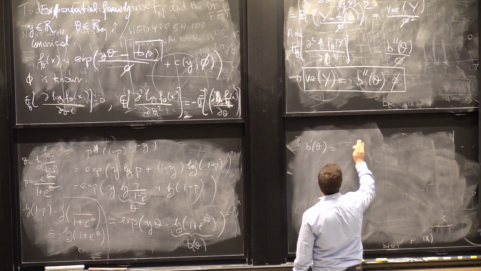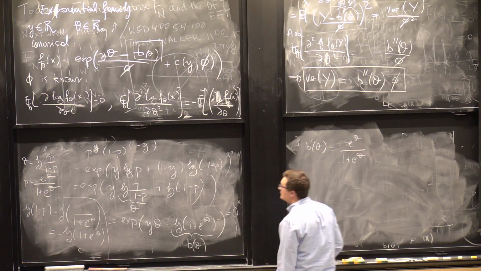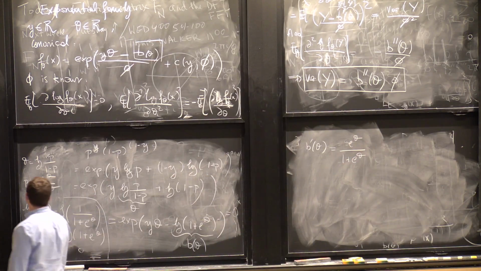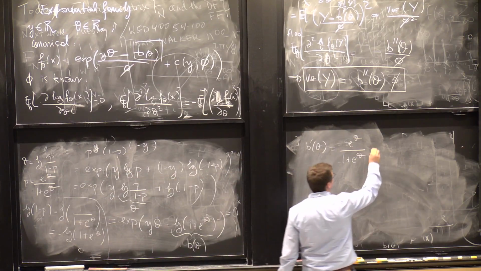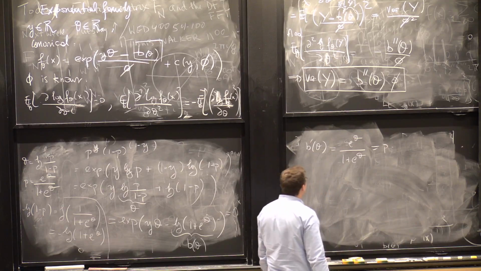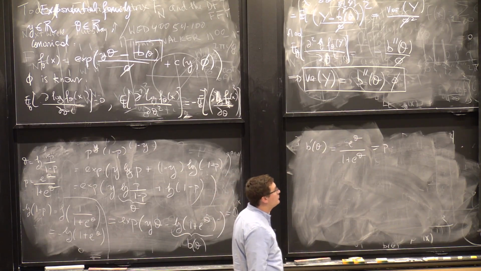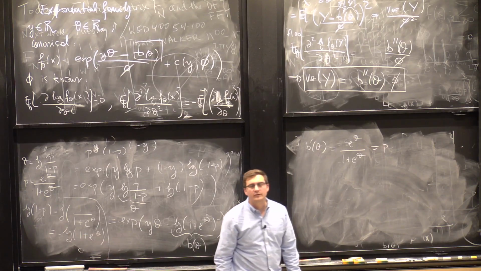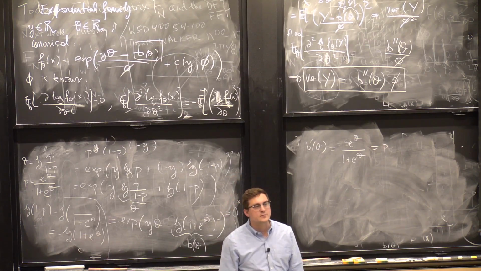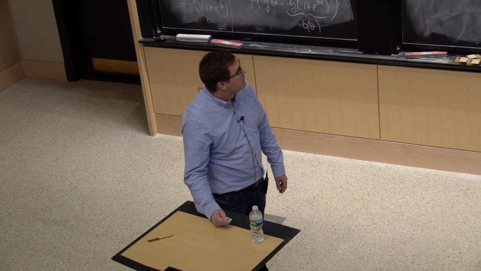And indeed, b prime of theta is e to the theta divided by 1 plus e to the theta, which is exactly this p that I had there. Just for fun, let's, well, I don't know, maybe that's not part of it. Yeah, let's not compute the second derivative. It's probably going to be on your homework at some point, if not on the final.